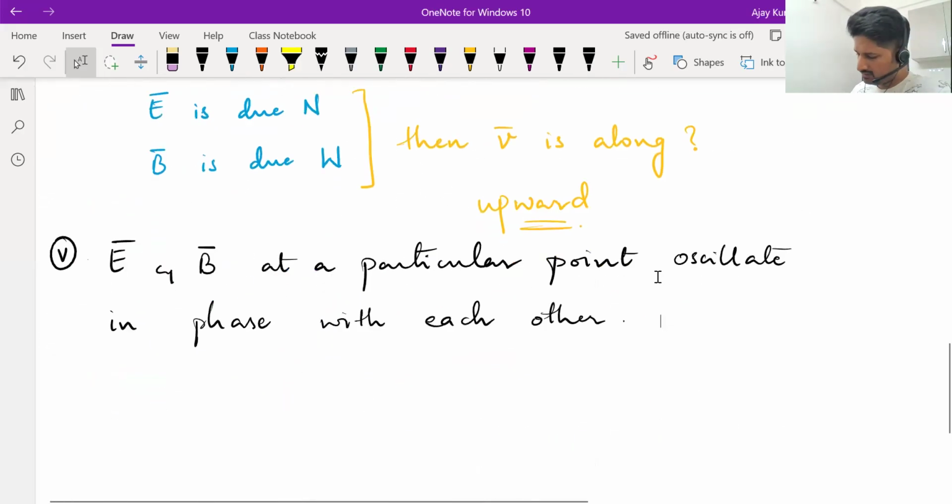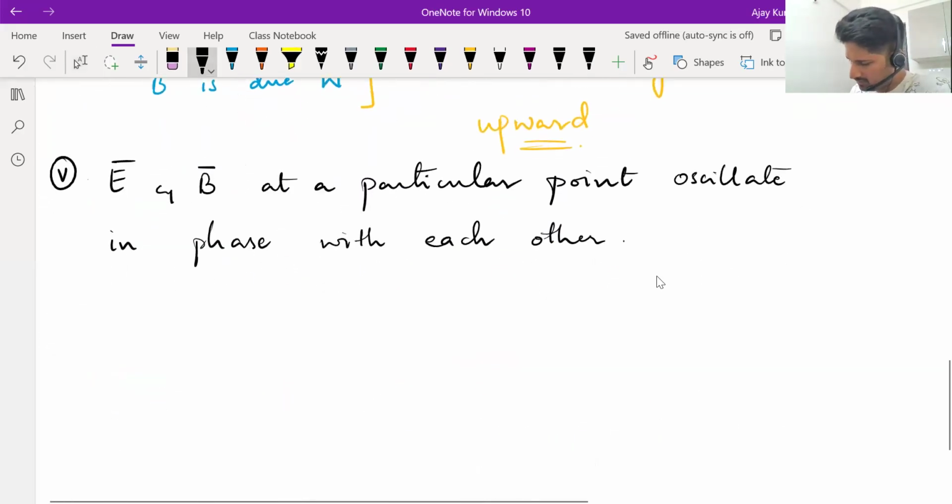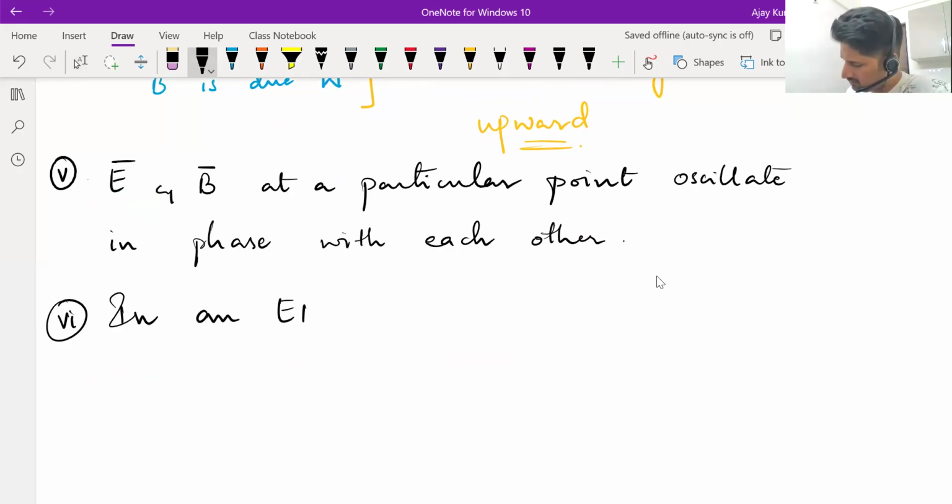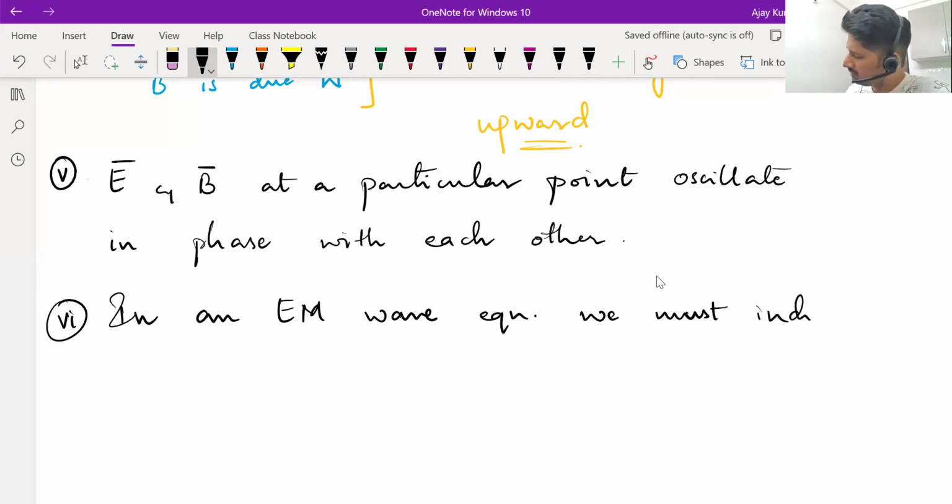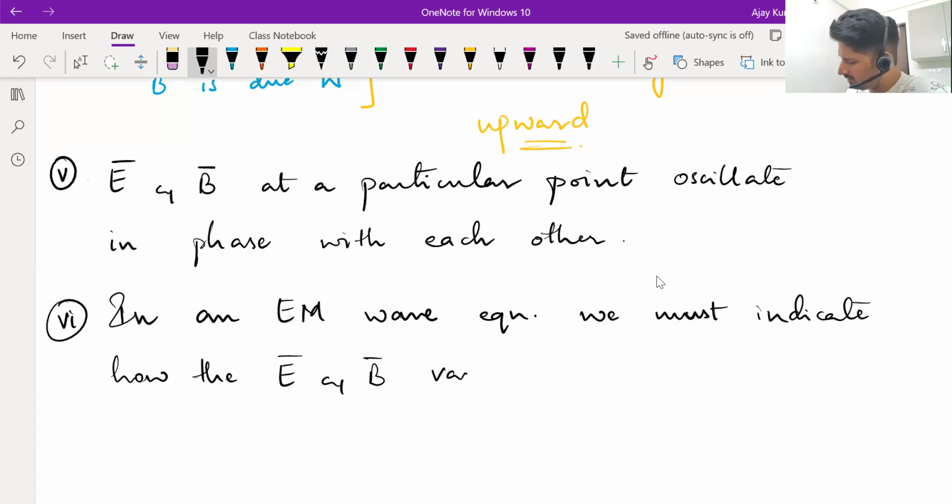So in an EM wave equation, we must indicate how the electric field and the magnetic field vary with time and space, or with time and position, I should say.